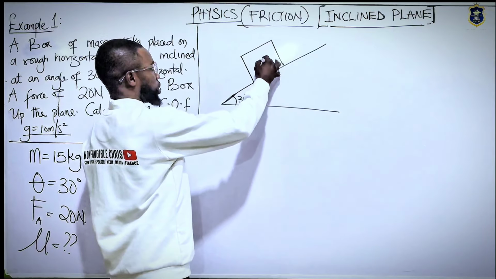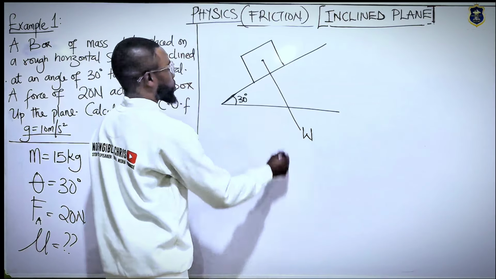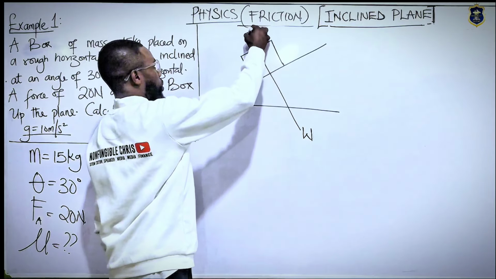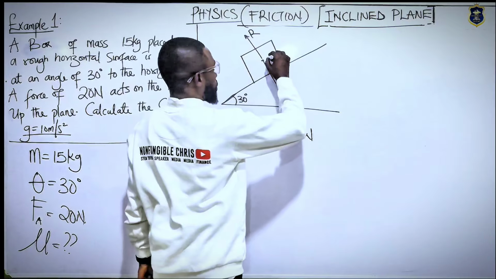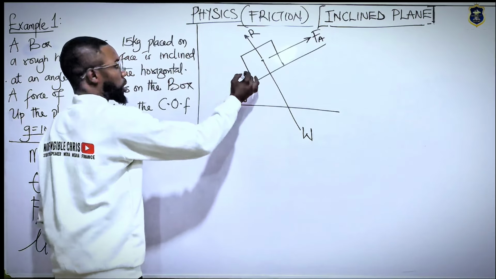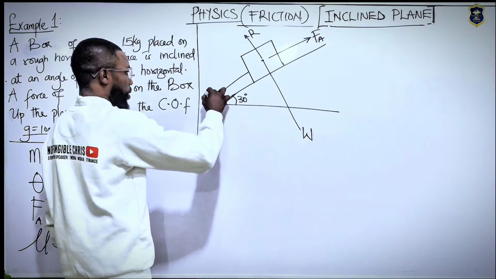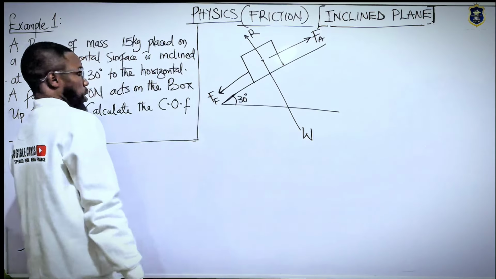We said that this is the hypothetical weight, and this is our normal reaction. The question says a force of 20 Newton acts on the box up the plane. So there's a force pushing it up. So this is our applied force. Therefore we have our frictional force here. If there's a force pushing it up, frictional force will be here, right?